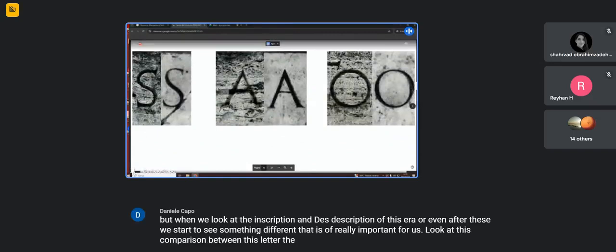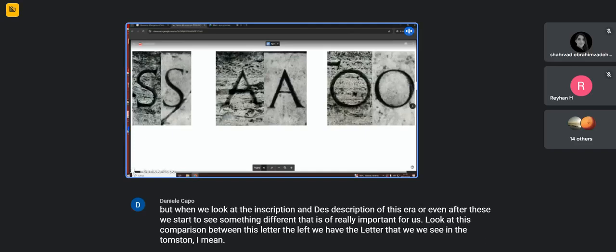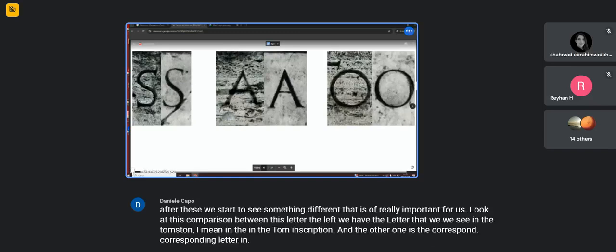At the left, we have the letters that we seen in the tombstone, I mean, in the tomb inscription, and the other one is the corresponding letter in Trajan, in the Trajan inscription.